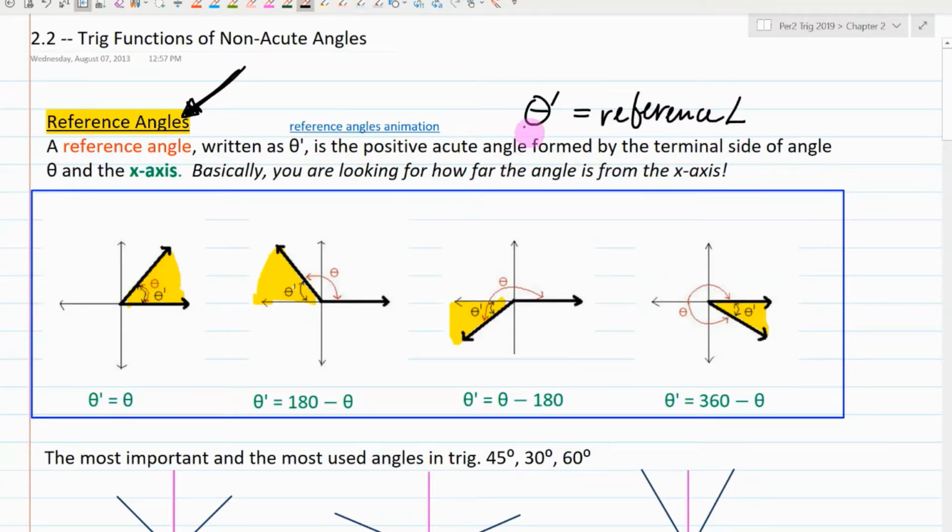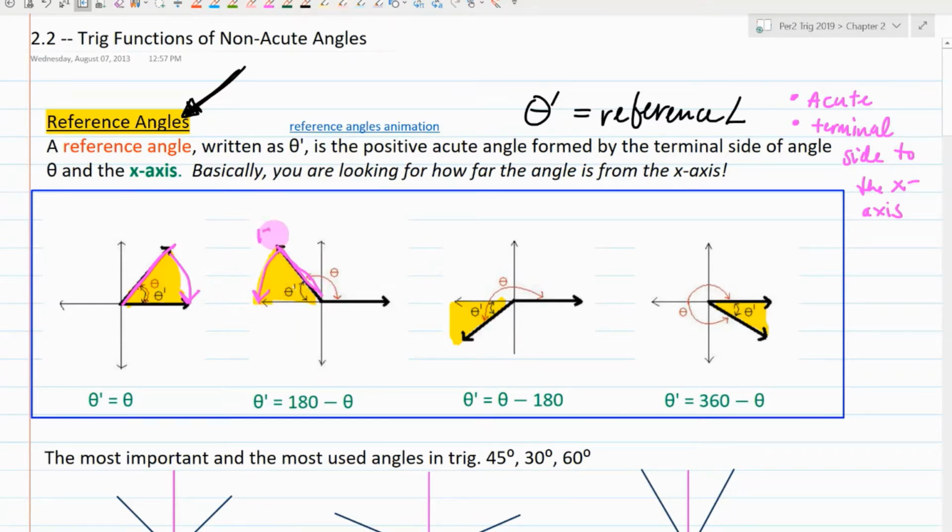The reference angle is always acute, and it's the measure from the terminal side of the angle to the x-axis.